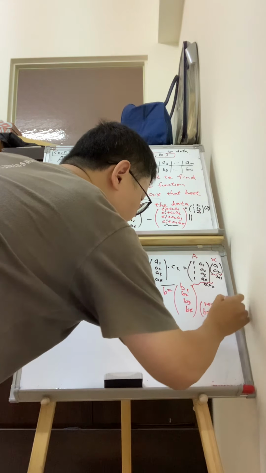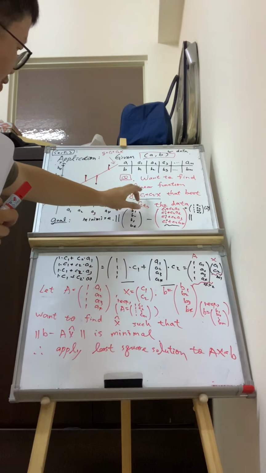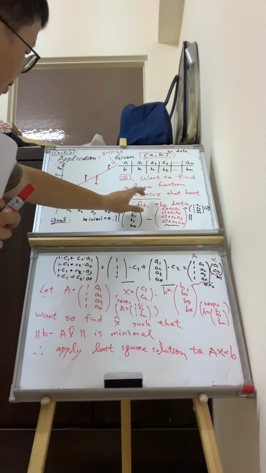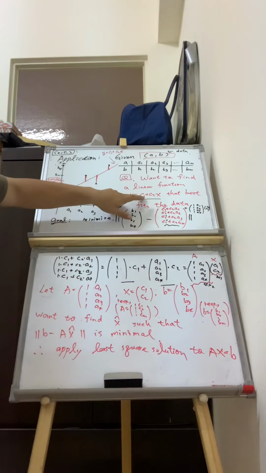We have 4 pairs of data, or n pairs of data, and we want to find a linear function y equals c1 plus c2x that best fits the data. So our goal is to figure out the coefficients c1 and c2.